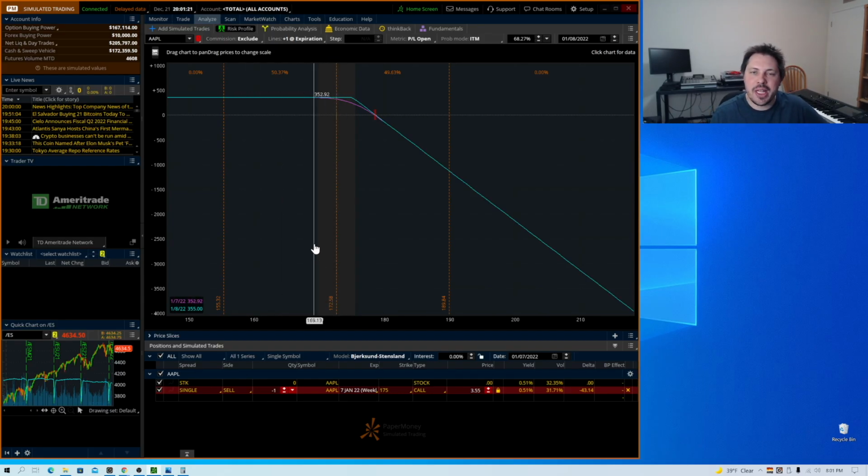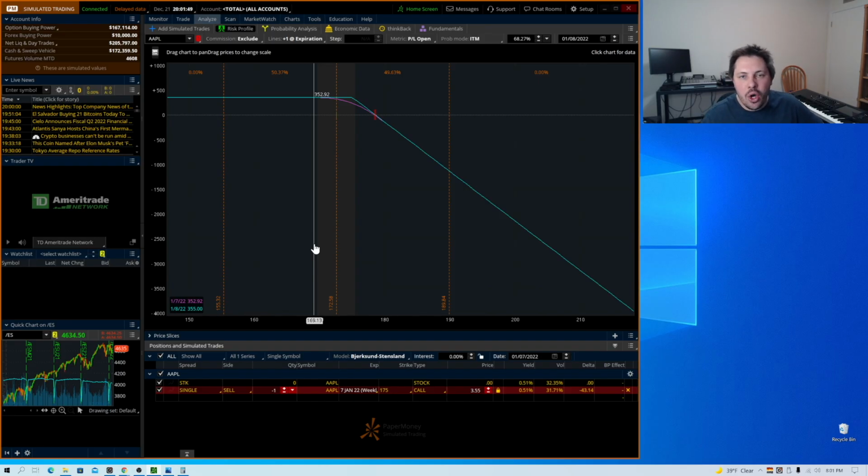So important to understand the difference between selling the naked call and having that unlimited risk versus selling the naked put and only having a limited risk because assets could only go to zero, right? Really important to understand, again, the difference between buying options where we're buying rights to do something, right?